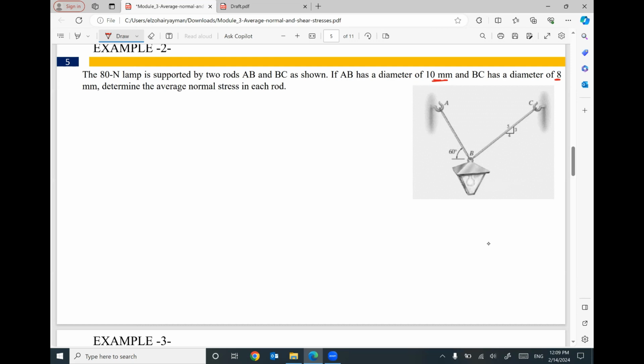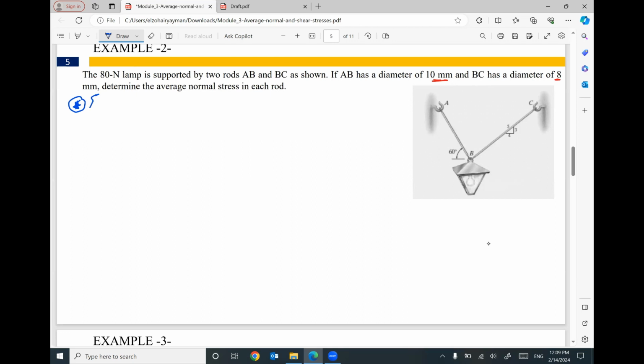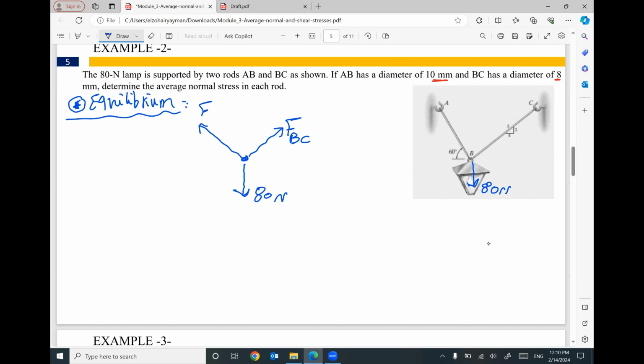First of all, I have to start with the engineering mechanics part. So, from engineering mechanics and from equilibrium, this weight, which is 80 Newton, is hanging by this cable with a force FBC, and this cable with a force FBA.